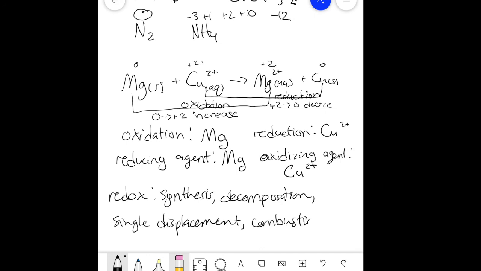You don't see this in double displacement or acid-base neutralization, because that is double displacement, because they kind of balance each other out when they switch. So these are probably the only four you're going to see it on. That would definitely be a way to practice. You're already working an equation, you've got the net ionic, just do the oxidation numbers and see if you came up with redox.